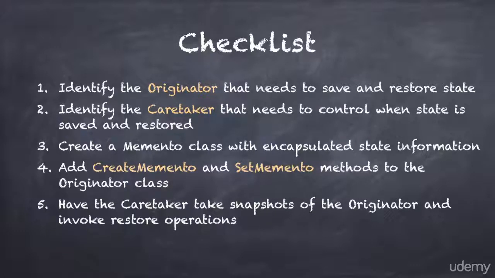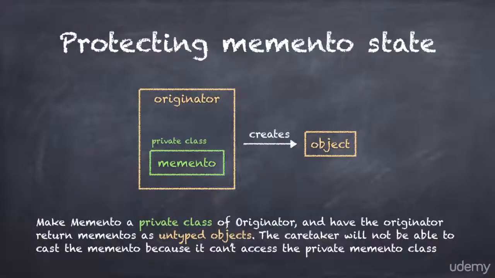And here are some final comments. The biggest issue with this design pattern is how to ensure that the encapsulated state information in the Memento class can only be read by the originator class. In C++, you would use the friend keyword, but unfortunately C# has no direct equivalent.